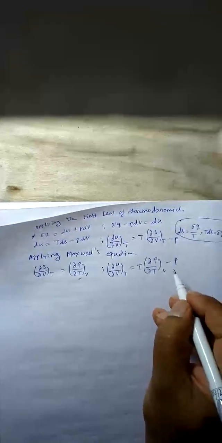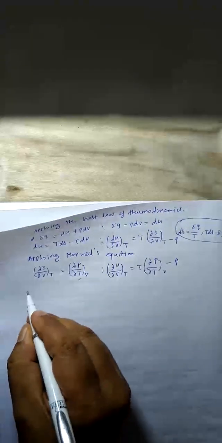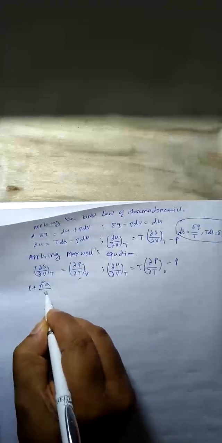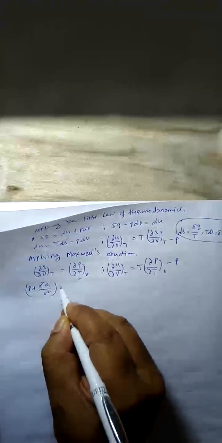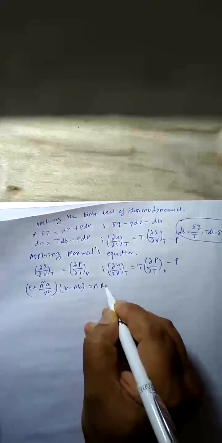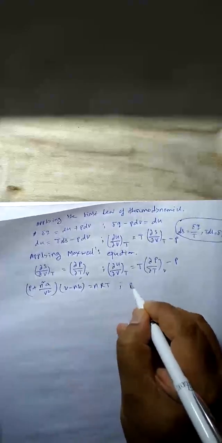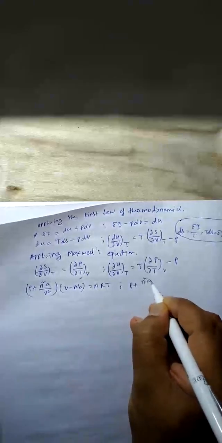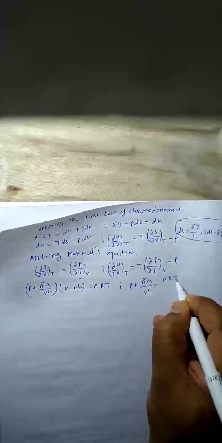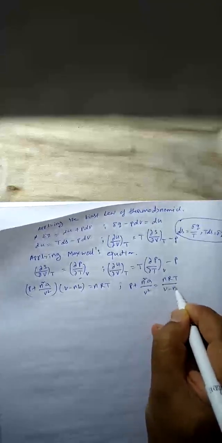Then P means the van der Waals equation. We know that (P plus n²a/V²)(V minus nb) is equal to nRT. Then P plus n²a/V² is nRT divided by V minus nb.